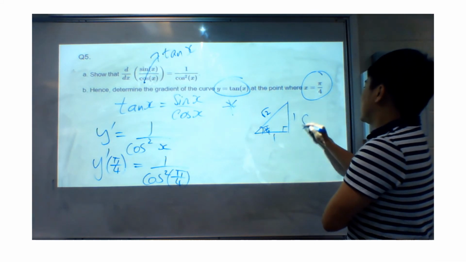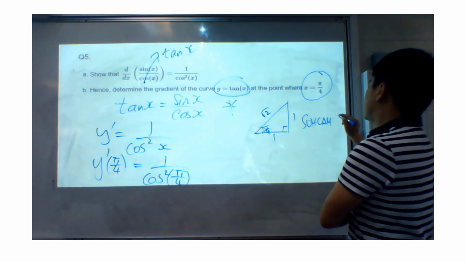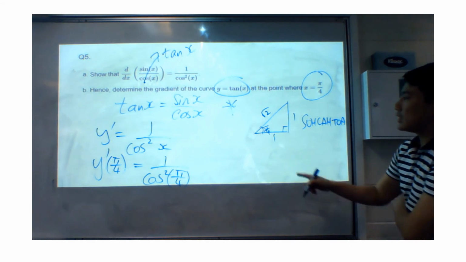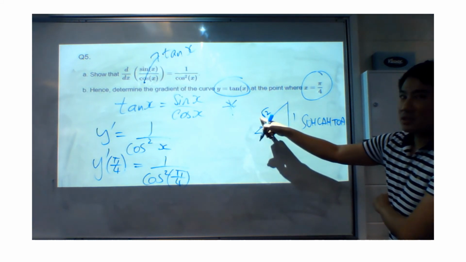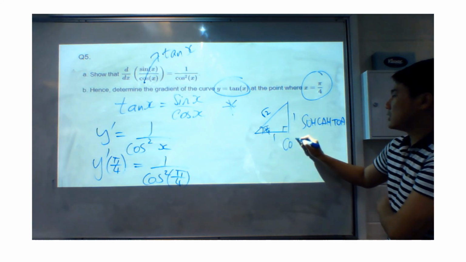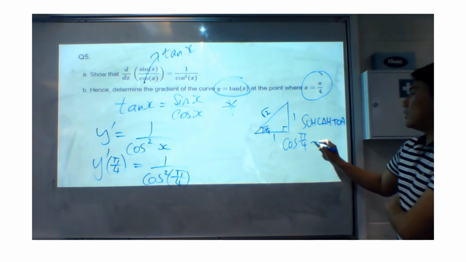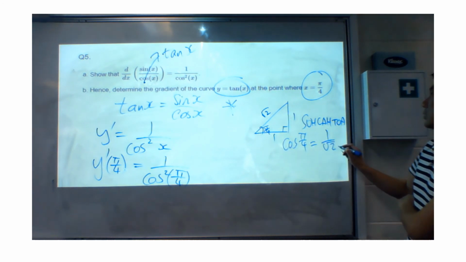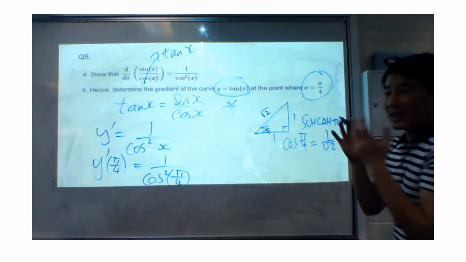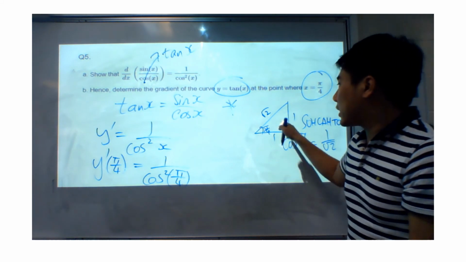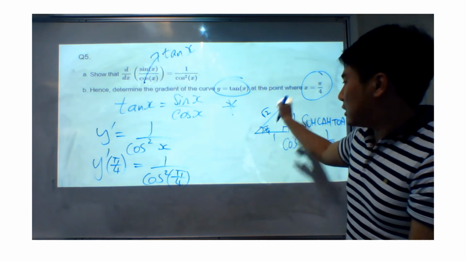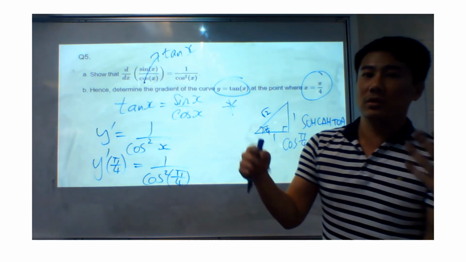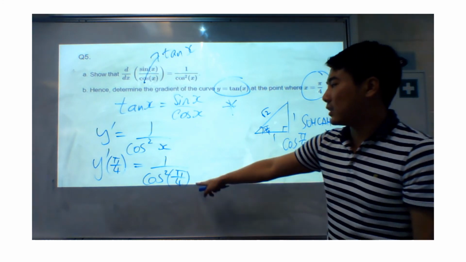So, SOHCAHTOA, right? We know cos is adjacent over hypotenuse. So cos pi over 4 would be adjacent, which is 1, over hypotenuse, which is root 2. So if you can't remember it, quickly draw yourself these triangles, and then you should be able to work out the exact value.